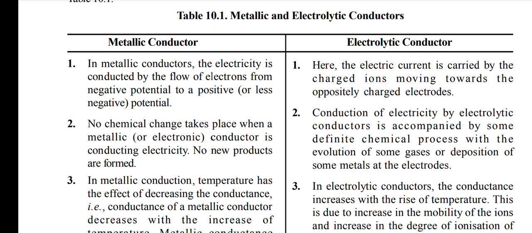Electrolytic conductor: the electric current is carried by the charged ions moving toward the oppositely charged electrodes. Metallic conductor: no chemical change takes place when a metallic conductor is conducting electricity. No new products are formed.